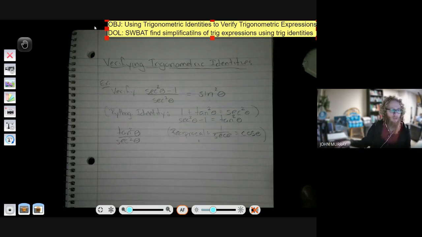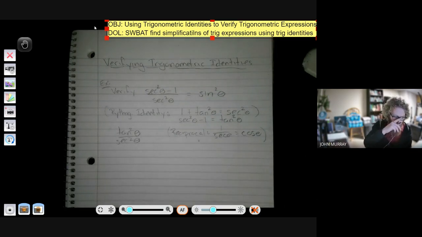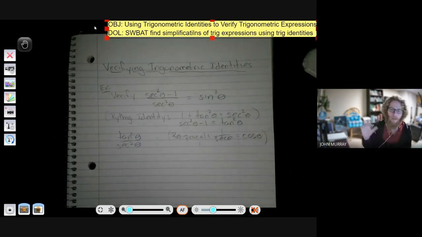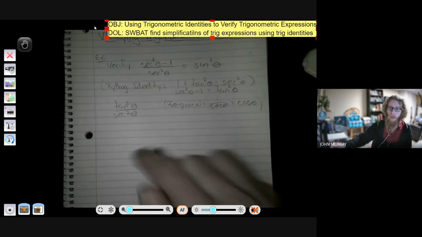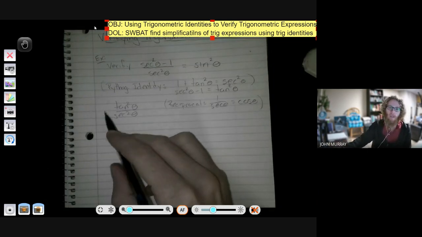Now, I'm writing these just so you guys have references. As you're doing this, you don't have to write the actual identity out. It might be helpful for you if you want to organize your thoughts, right? The equation's over here, the identity's over here, something like that. But I'm not making you do that, so that's up to you. So this tangent squared, I'm not doing anything with that right now.